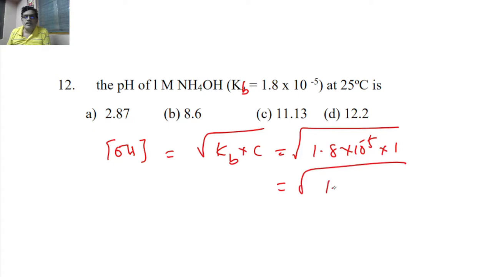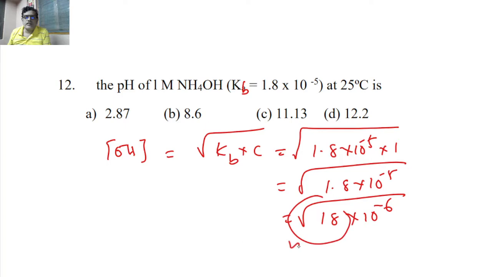So 1.8 into 10 to the power of minus 5, again approximate this as 18 into 10 to the power of minus 6. The square root of 18 we approximate as 4, we need not do it exactly, therefore this comes to 4 into 10 to the power of minus 3.